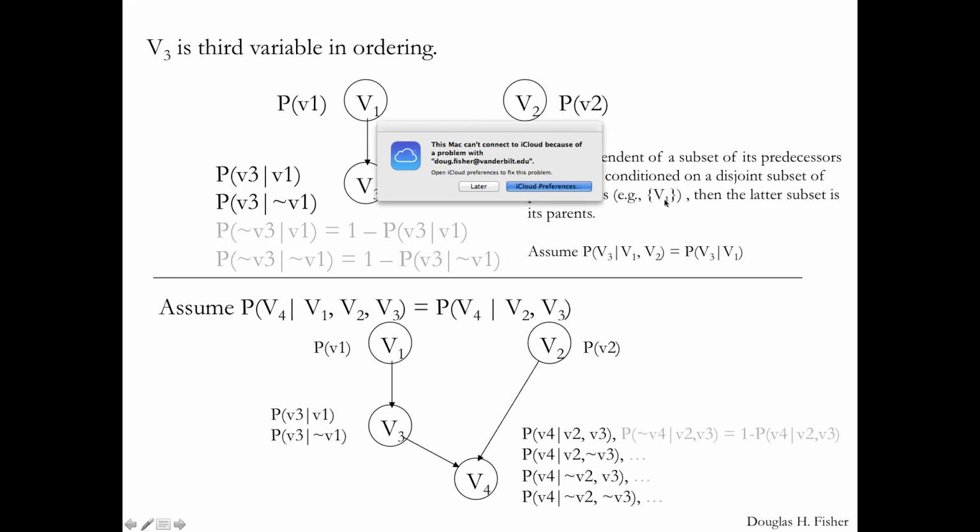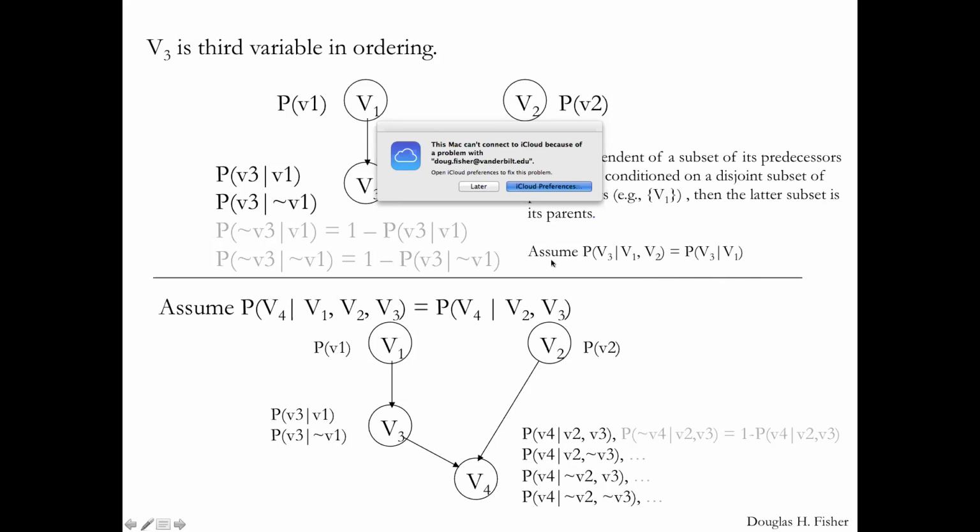And if it does, if knowing V1 is all you need to know to predict, or I should put this another way, the probability of V3 given both V1 and V2, V2 is a variable that adds no additional information to this prediction of V3 if I already know V1.